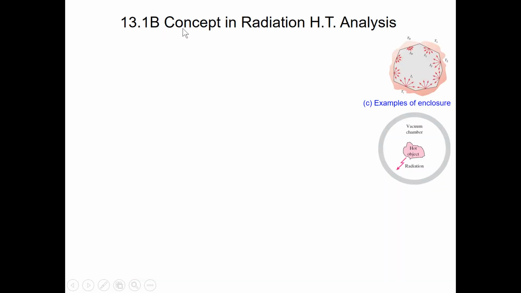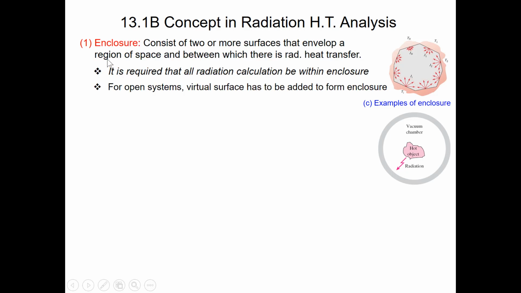B. Important concepts in radiation heat transfer analysis. The first concept is enclosure, as illustrated in these two examples. Enclosure is a closed system or sealed space where there's radiation heat transfer between surfaces.